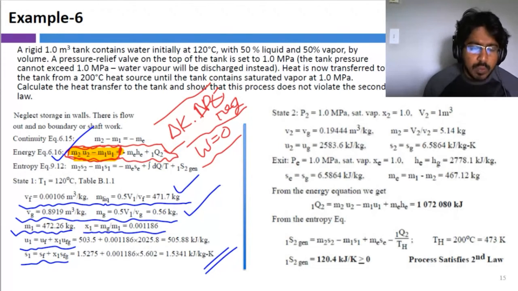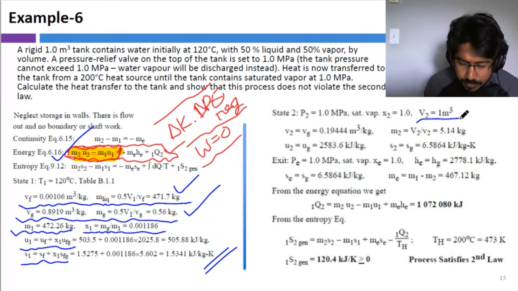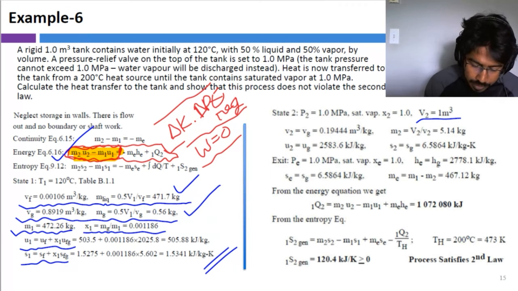So after defining state 1, now we need to define state 2, right? The total volume of the system is not going to change because it's a rigid tank, and as it is saturated vapor at 1 megapascal, then it is pretty easy.